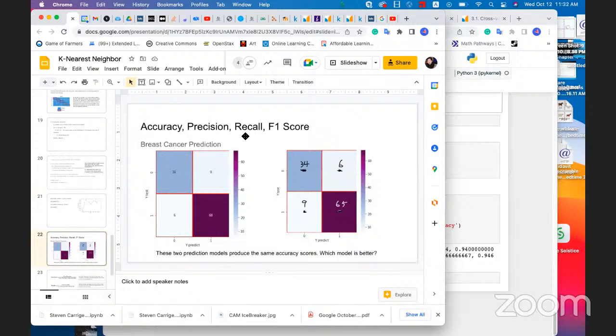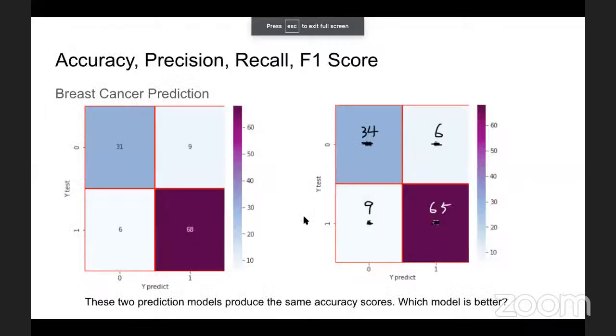Instead, there are some other metrics when you evaluate a model for an imbalanced data set. So here, for example, we got the prediction result based on a data set for breast cancer.